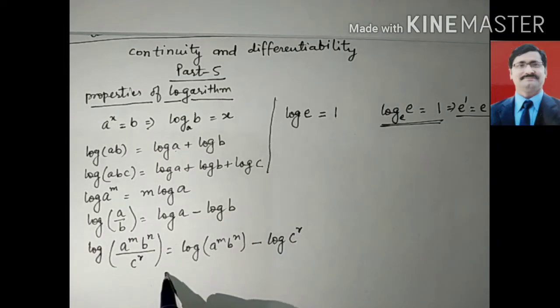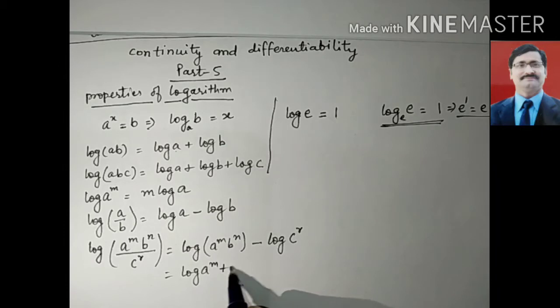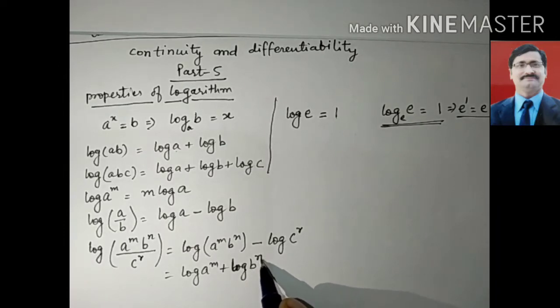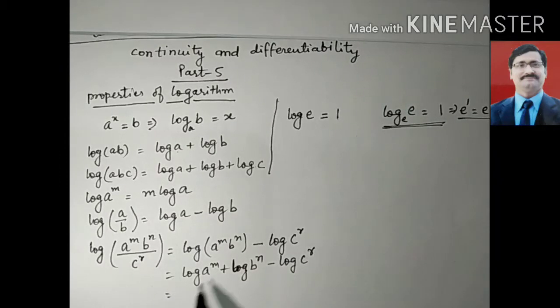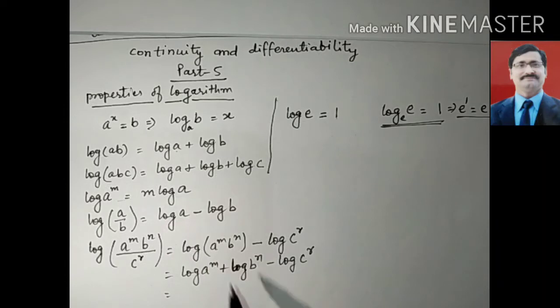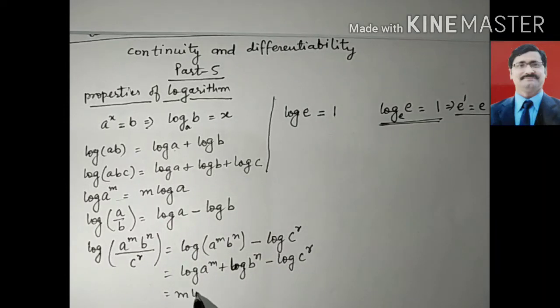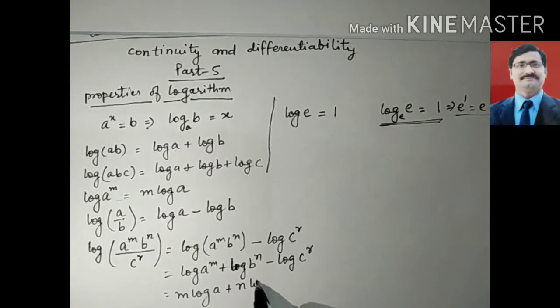And now you can write log a power m plus log b power n minus log c power r. That again you can write using this formula: m log a plus n log b minus r log c.